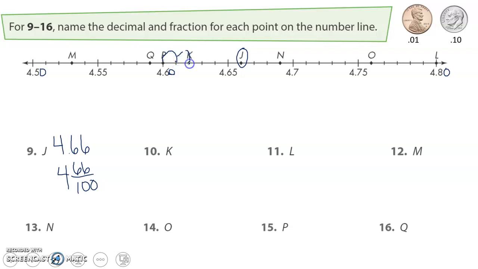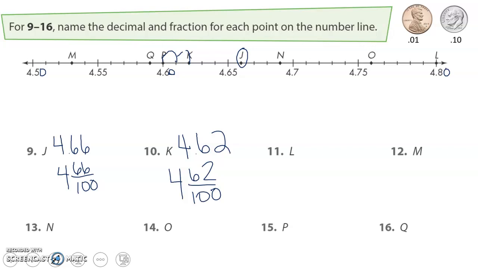Therefore, K must be 4 62/100. So I write that out as my decimal, 4.62. So that's the same as you would say $4.62. And as a fraction, I write 4 62/100.